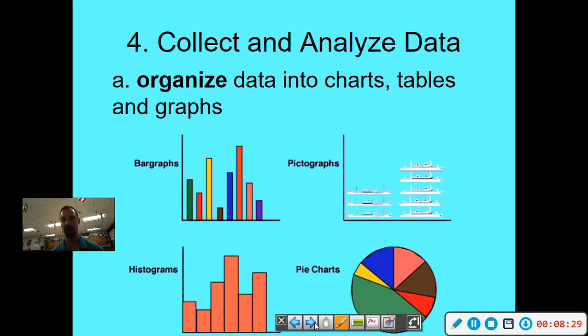A lot of times in meetings, it doesn't even matter if it's science, it could be a business meeting, a lot of people will show graphs because showing it in a picture will make more sense to people that are listening. So it could be a line graph, a bar graph, a histogram, a pie chart. This is a pictogram. So there's different ways to represent your data. And just organizing it is the key here.